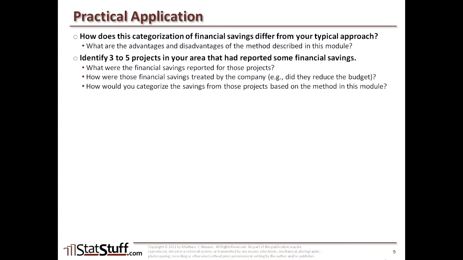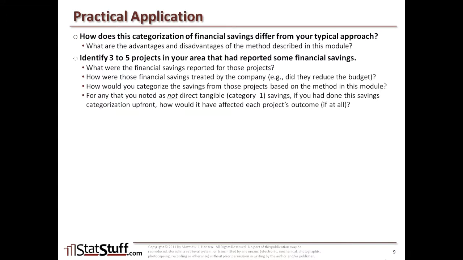And for those projects where you would say it's not a direct tangible savings, not that category 1 type of savings, if you had done this type of savings categorization up front, how would that have affected the outcome for each project?